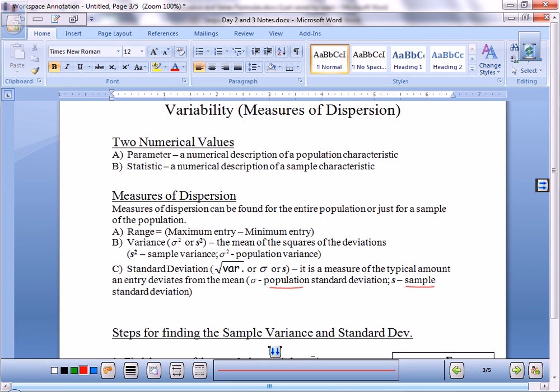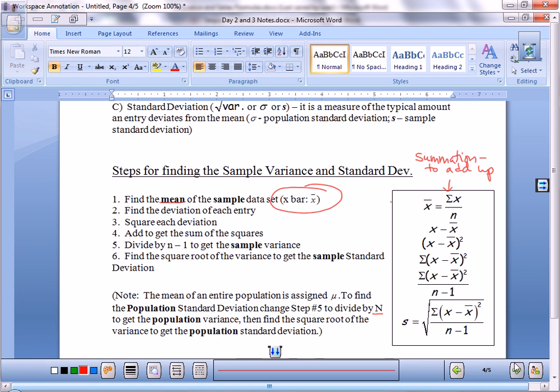Now, we're going to slowly go through the steps. Most of you probably already know your calculator automatically spits out the answer for you. It's pretty cool. But I want you to understand the process. So on a couple, we are going to show every single step that the calculator has already done for us to spit out the answer.